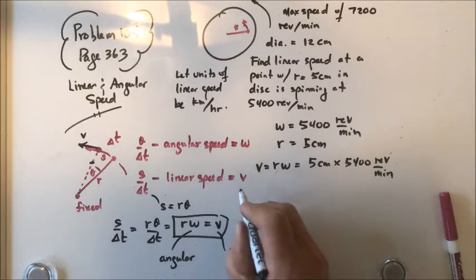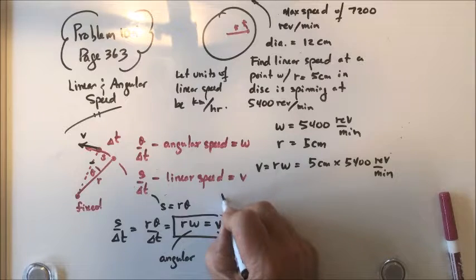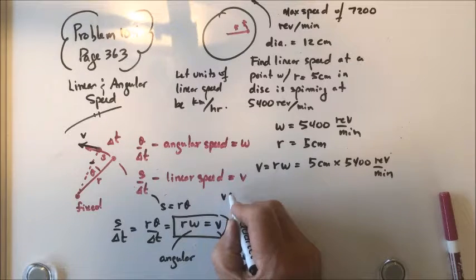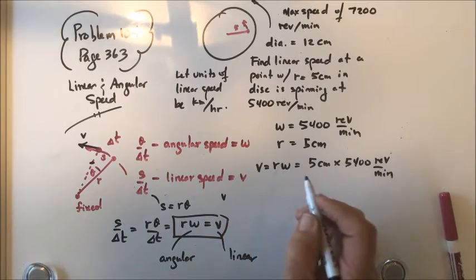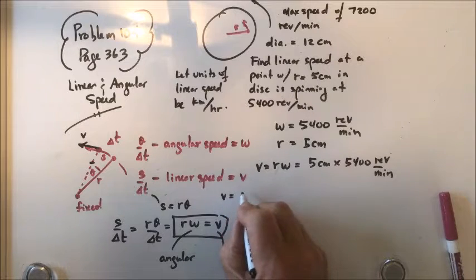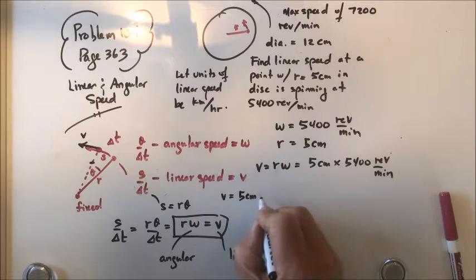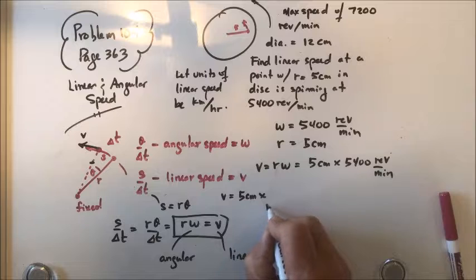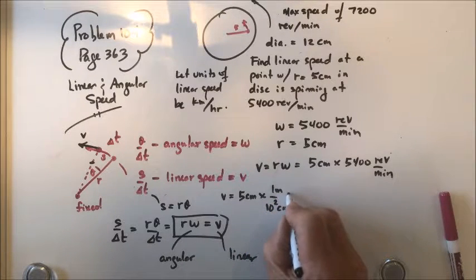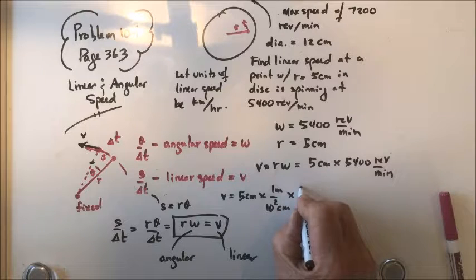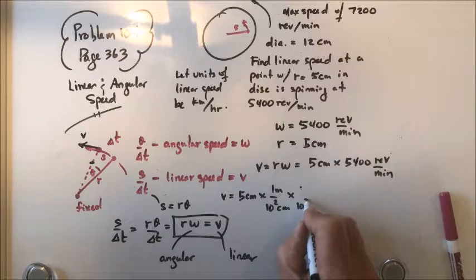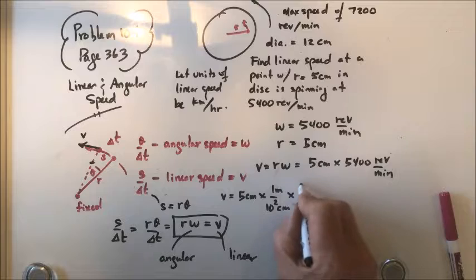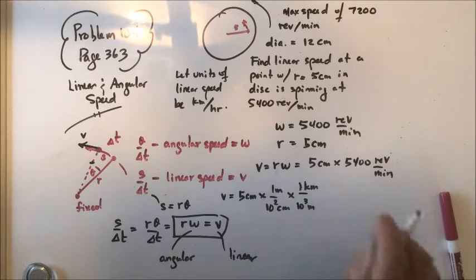All right, so again, what we want is v in kilometers per hour. So here we go. v is equal to 5 centimeters times 1 meter in 100 centimeters, and 1 kilometer in 10 to the third, 1,000 meters.